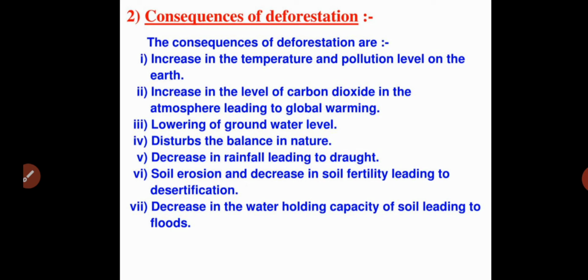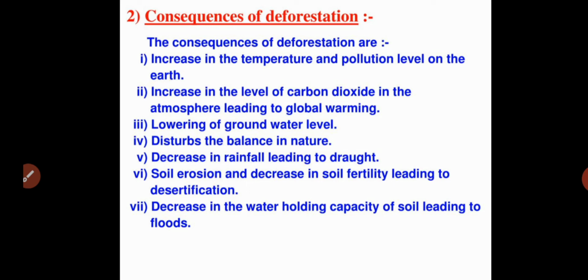Similarly, one more consequence: because of deforestation, the groundwater level lowers. If there are no trees, plants or forest, it finally affects the groundwater level, because forest mainly affects nature, particularly rainfall. Plants and trees also indirectly increase the groundwater level. So if there is no forest, finally the groundwater level lowers.